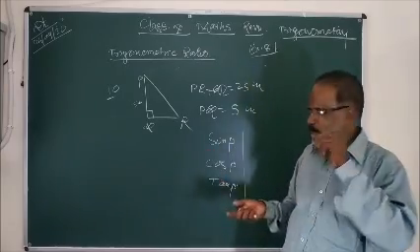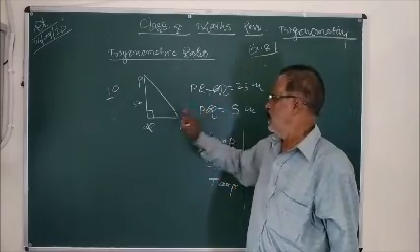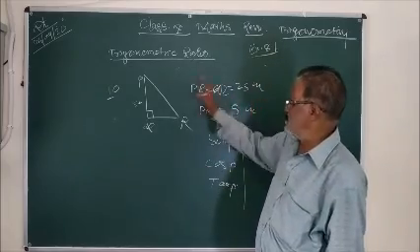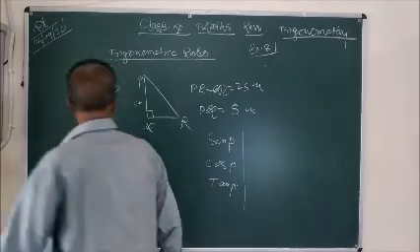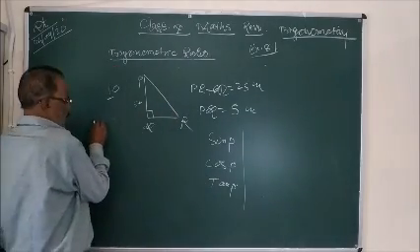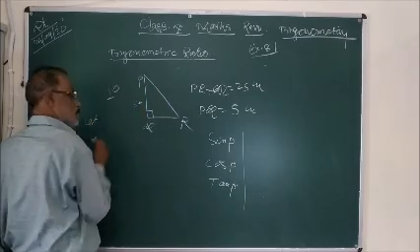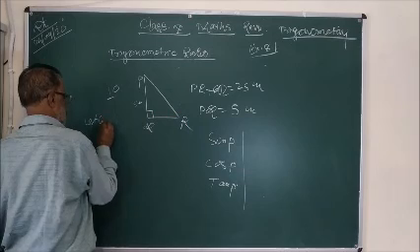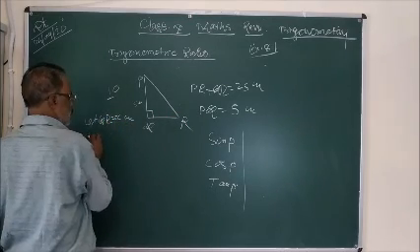So first of all, we should concentrate on finding the value of PR and the value of QR. But it is given that the sum of these two is 25. Now you see, for the solution, we suppose one side, let us suppose QR is equal to X cm. So what will be PR?